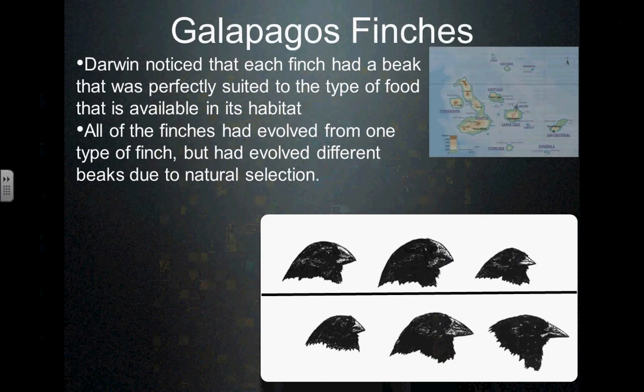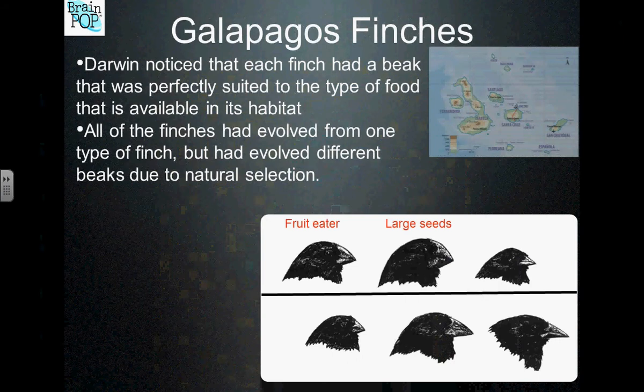And so what you see when you look at these finches, some of their beaks are adapted to eating fruit. This sort of pretty thick, sharp bill allows them to get the fruit off of trees. Other islands, their main source of food was seeds. And some islands had seeds with very thick shells on them that the finches needed to break through, so they ended up evolving these large, thick beaks.